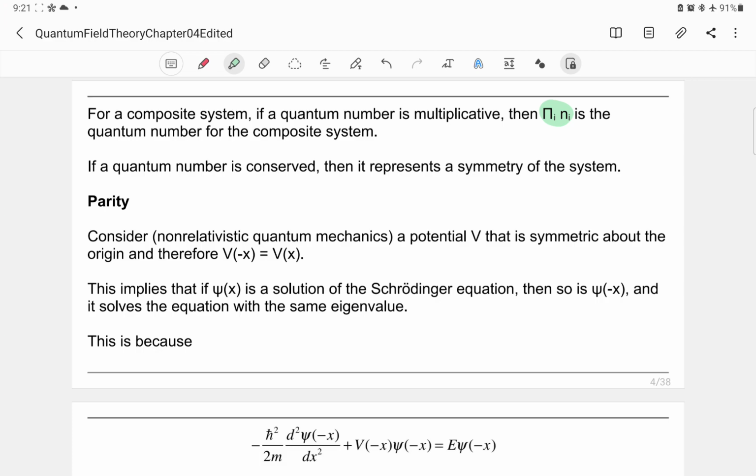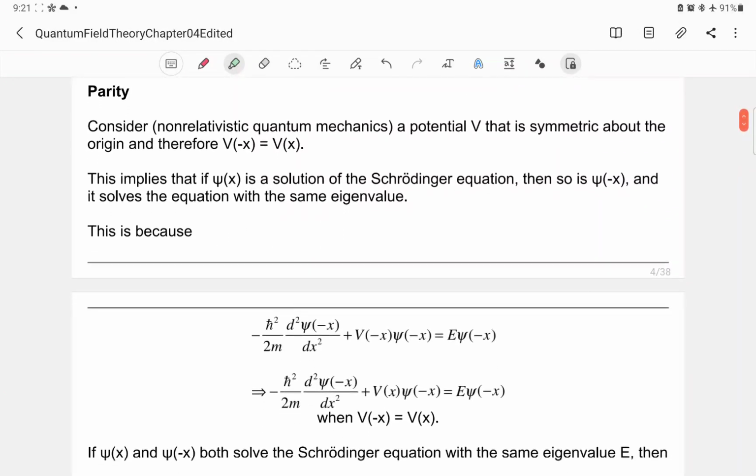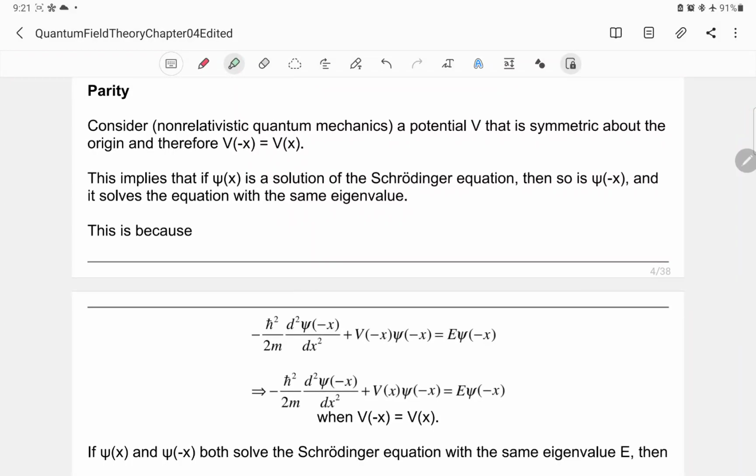Now we'll start with the first symmetry, and this is parity. For example, in non-relativistic quantum mechanics, consider a potential V that is symmetric about the origin, so you will have this. This implies that if the wave function psi of x is a solution of the Schrödinger equation, then this is also a solution together with this.